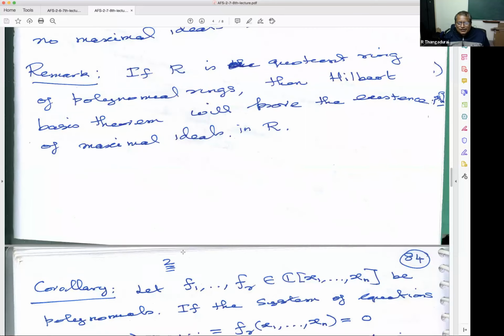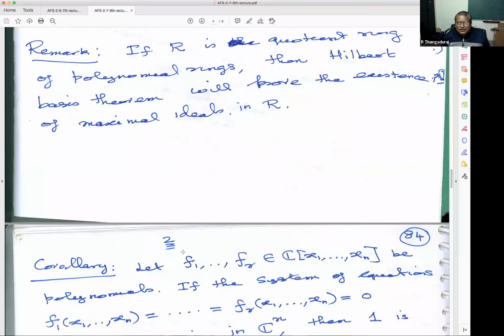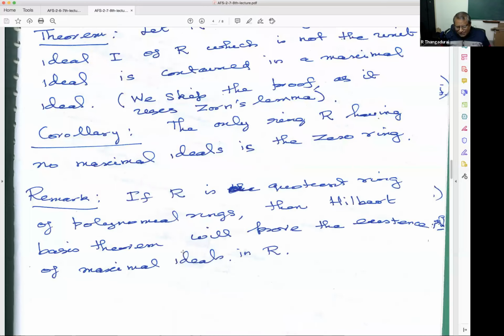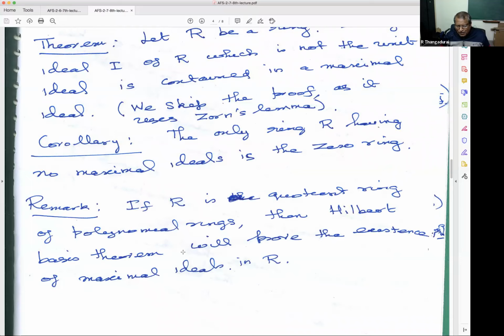So the next comes. We randomly pick up some four or five polynomials in n variables, and we are checking whether they have a common solution or not.